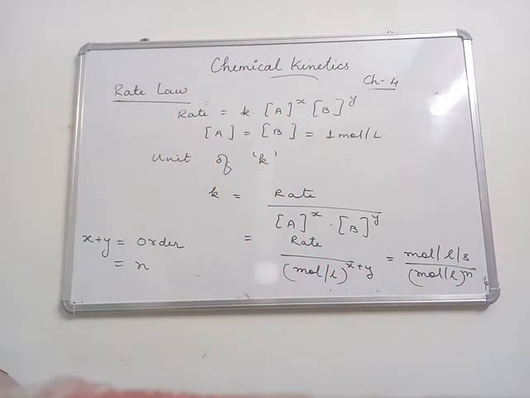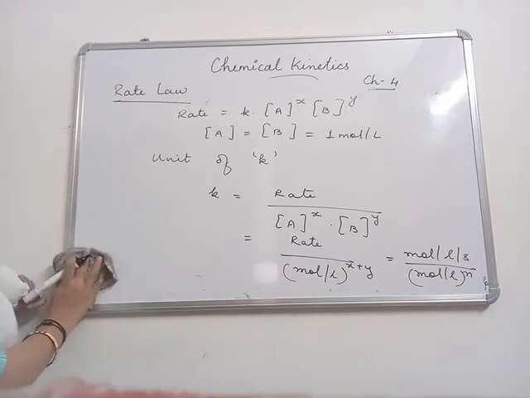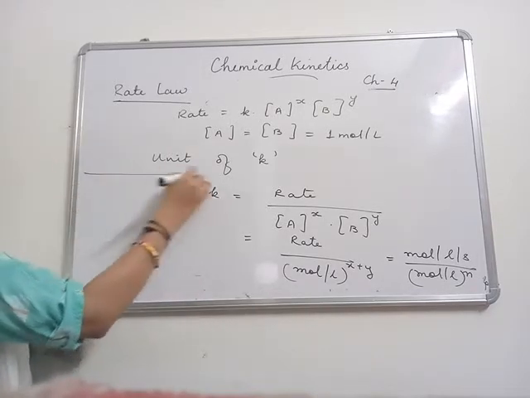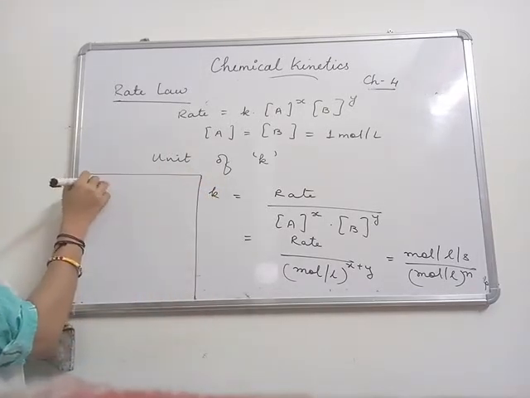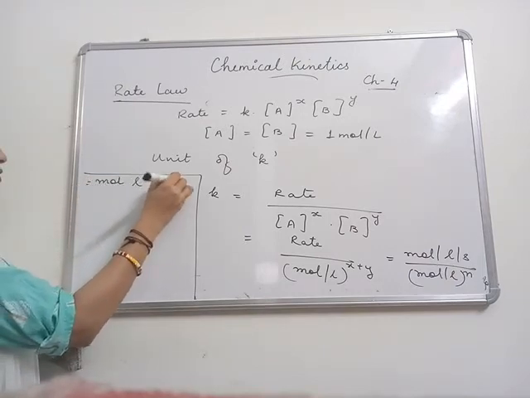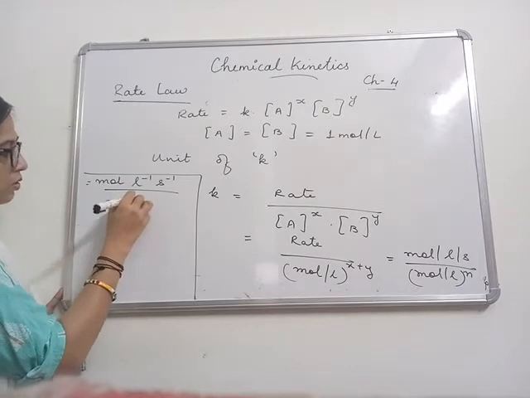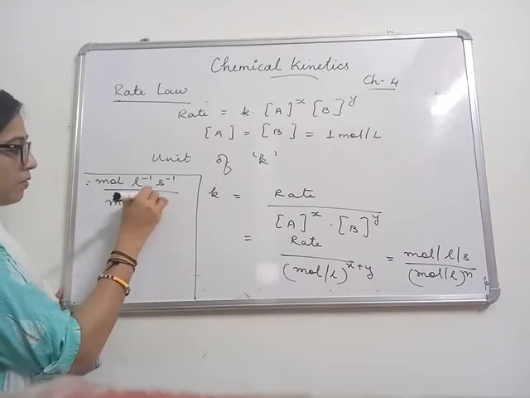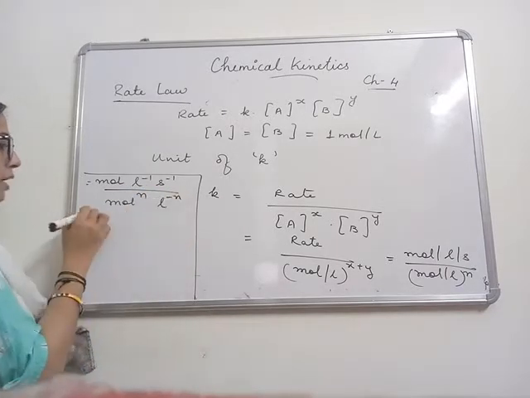So if I simplify this, what are we going to get? Now we will get unit of rate, ये था मोल लीटर⁻¹ सेकेंड⁻¹, ये हो जाएगा मोल की पावर n लीटर to the power -n.